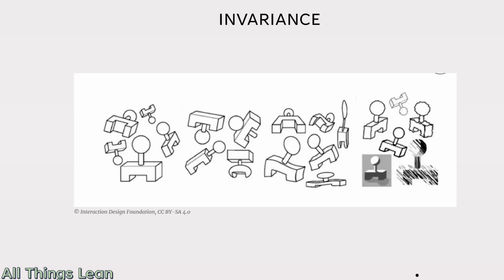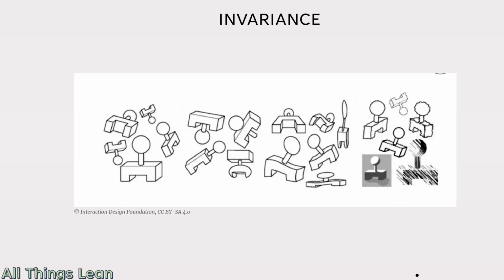Invariance. The Gestalt principle of invariance explains how we perceive basic shapes as identical despite various transformations. These transformations include rotation, movement, size alterations, stretching, different lighting conditions, and variations in paths.